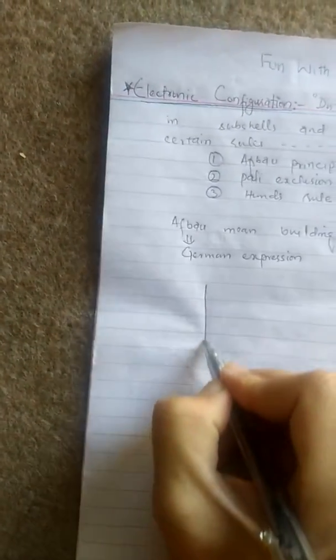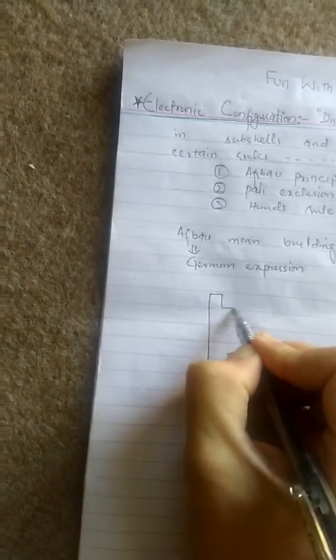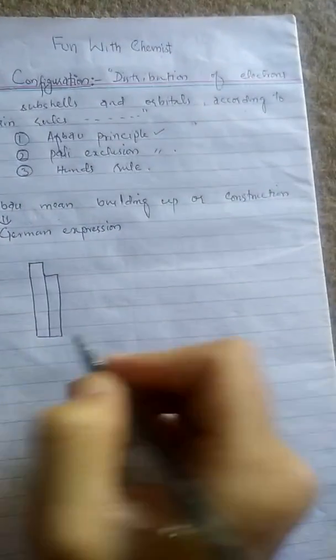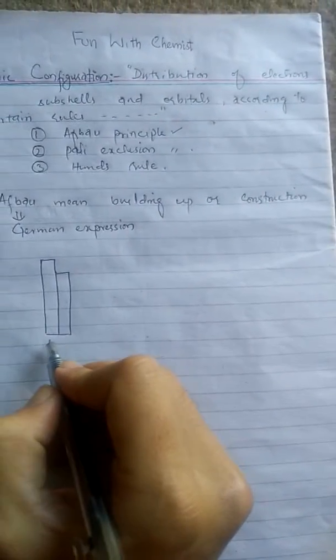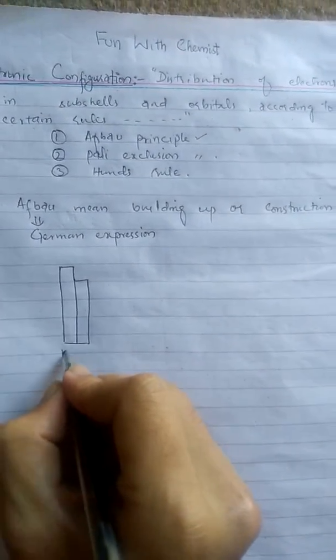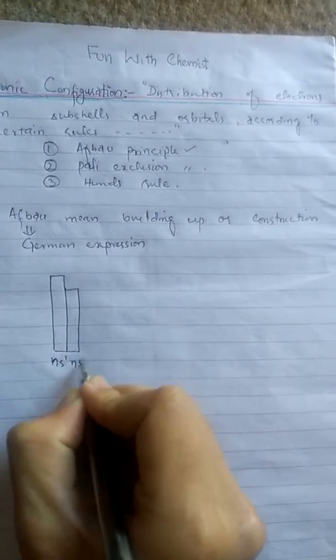If you look at the modern periodic table, it is composed of an S block. S block elements contain two groups: one is the alkali and one is the alkaline earth metals. We can also call it the ns1 and ns2 block.